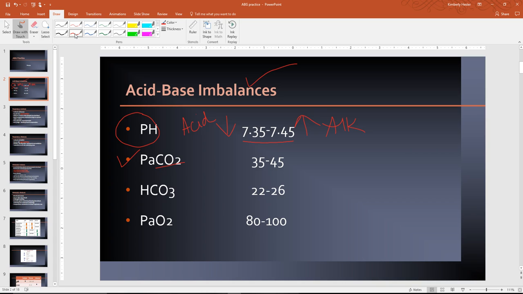So when you're looking at, say, respiratory acidosis, for example, you're looking at an elevated CO2 level, which means that there's too much CO2 in the blood. Too much CO2 in the blood is going to lead to an acidotic state, and if your CO2 is low, then that's going to lead to an alkalotic state.